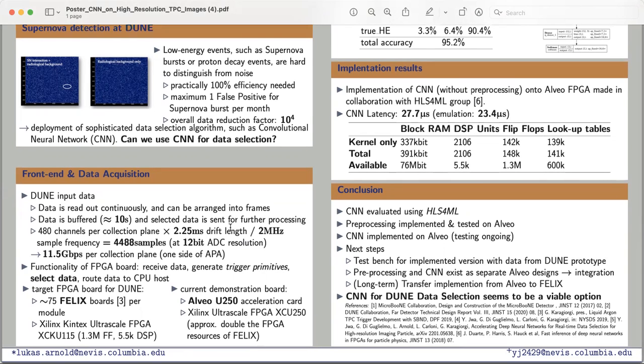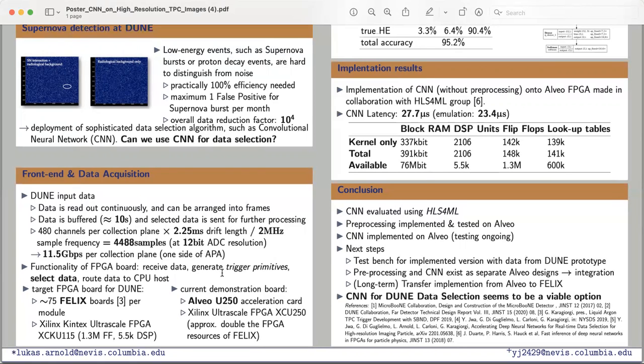First, the DUNE input data consists of many wires and many samples: 480 wires, 4,488 samples that create a 11.5 gigabit per second data stream, which is a fairly high amount.